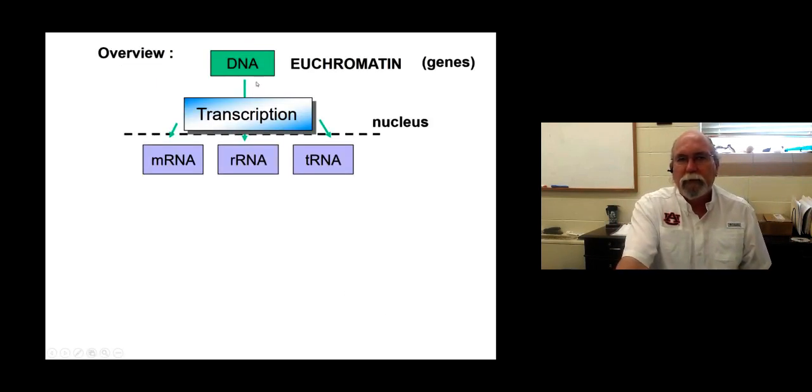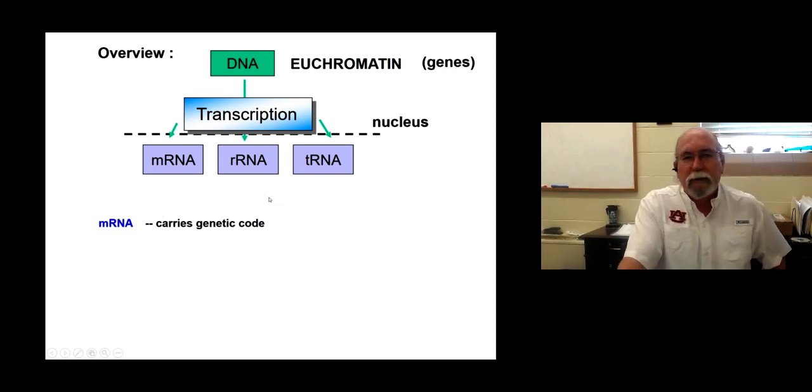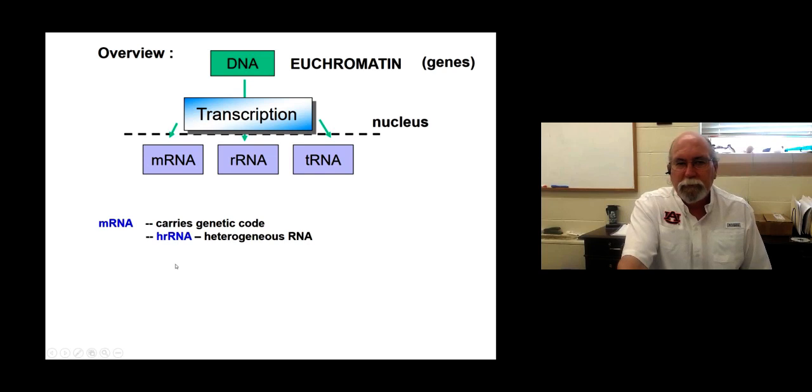Right? So at this point, we've taken DNA, we've transcribed it, and we've made message. Right now, we're talking primarily about what's called mRNA, messenger RNA. Messenger RNA is what carries the genetic code for our purposes. And at this point, and this is important, we're going to call it heterogeneous mRNA. Why?